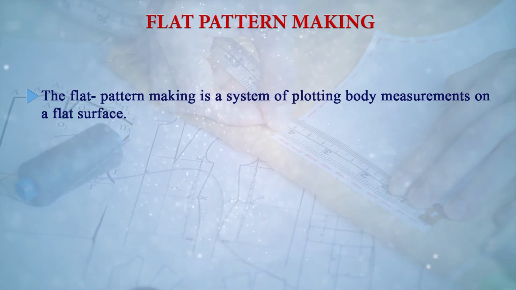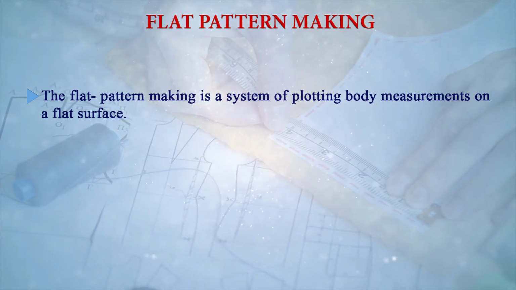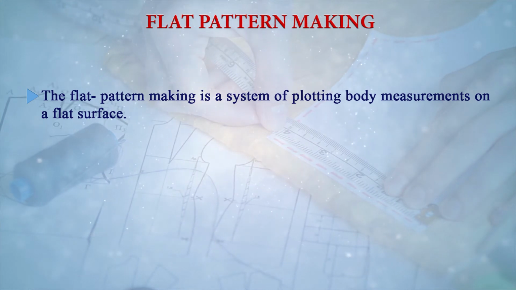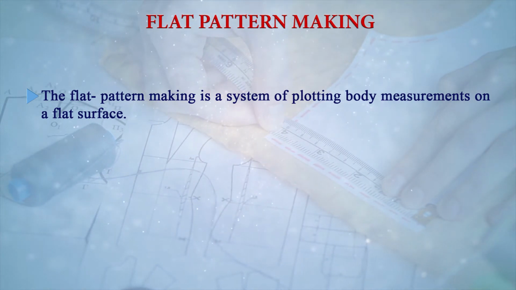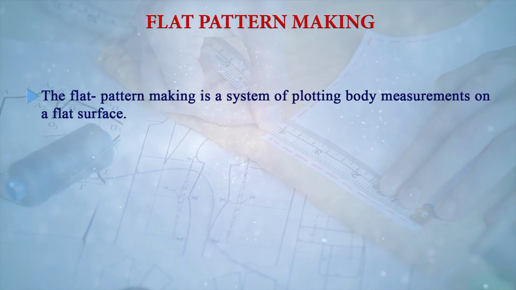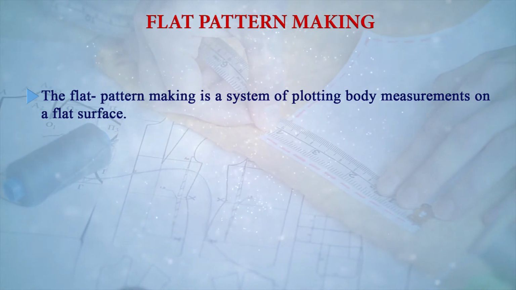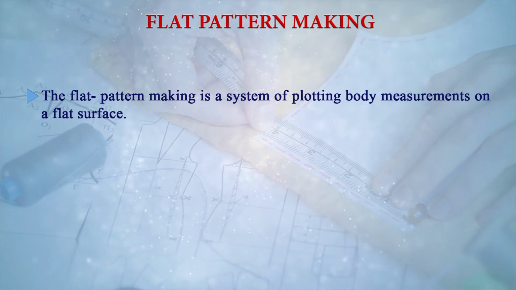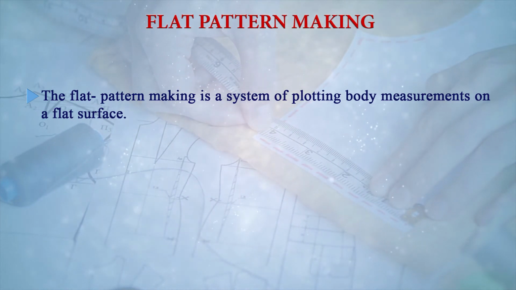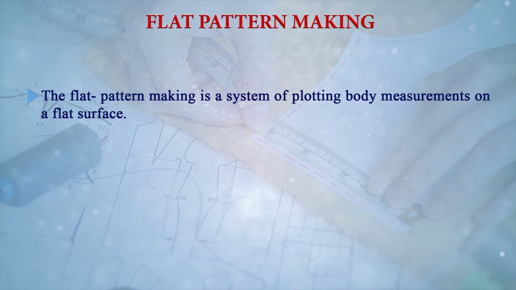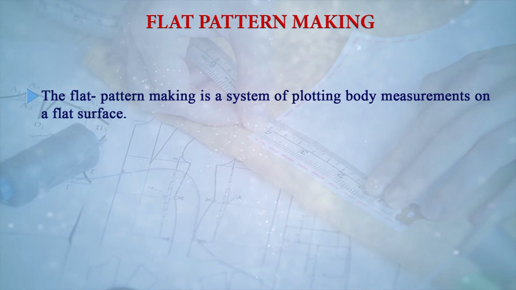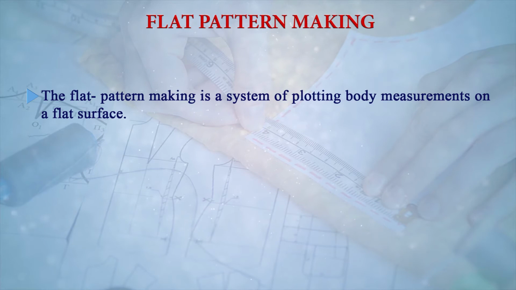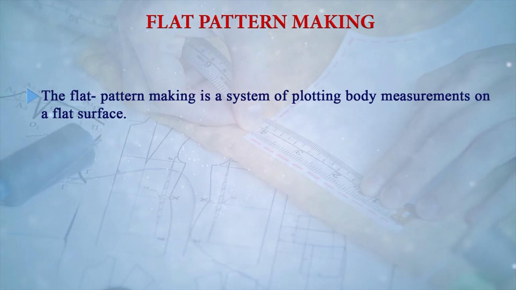In this method, we take a body measurement and transfer it onto a piece of pattern paper. Then we develop a pattern first on paper. Then we use that pattern, the piece of paper, for transferring the design onto the fabric.